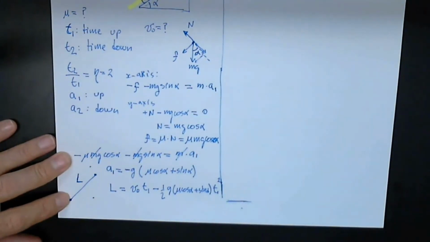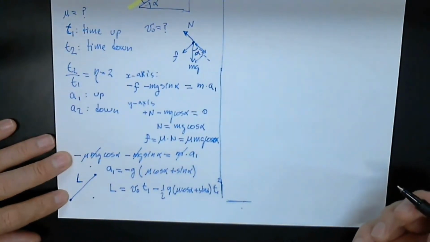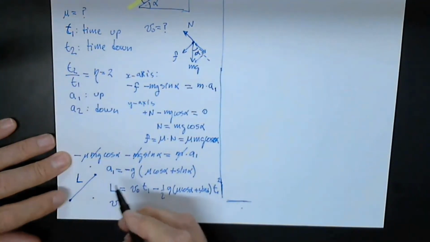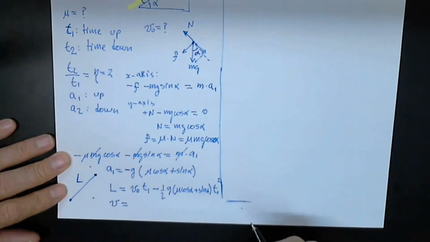So that's one equation. The second kinematic equation is for the final velocity. You know it's 0 at the top.